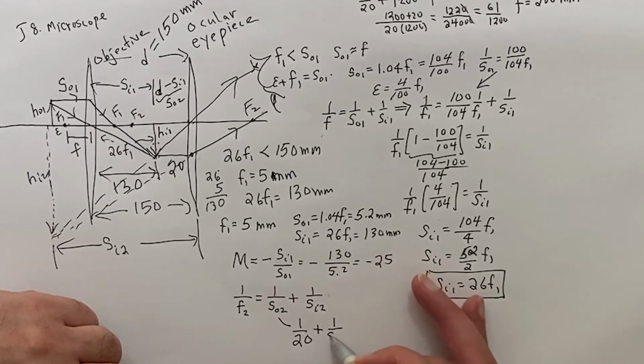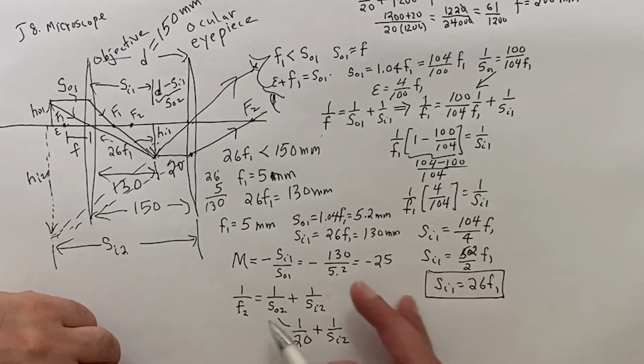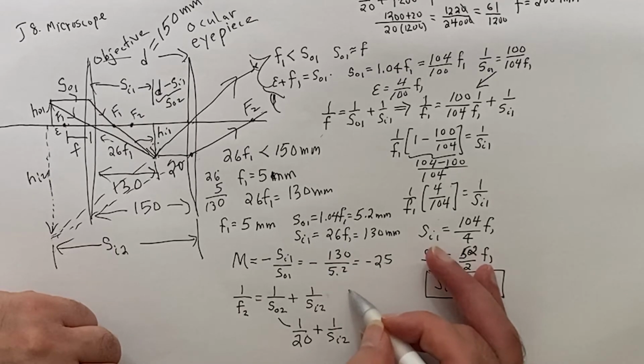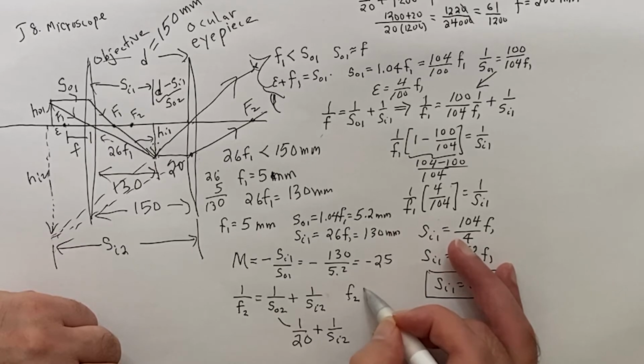I don't know what the image distance is going to be, but here I have to pick the f2. Remember, the f2 has to be chosen to be larger.